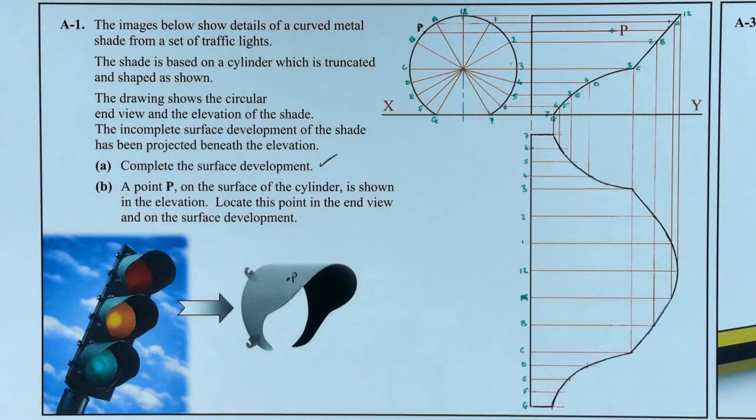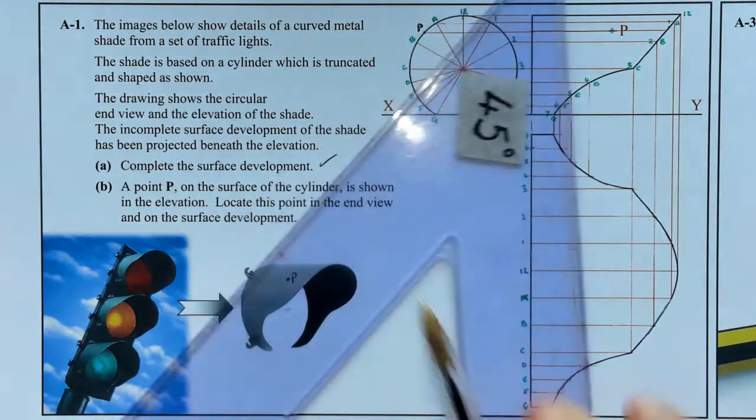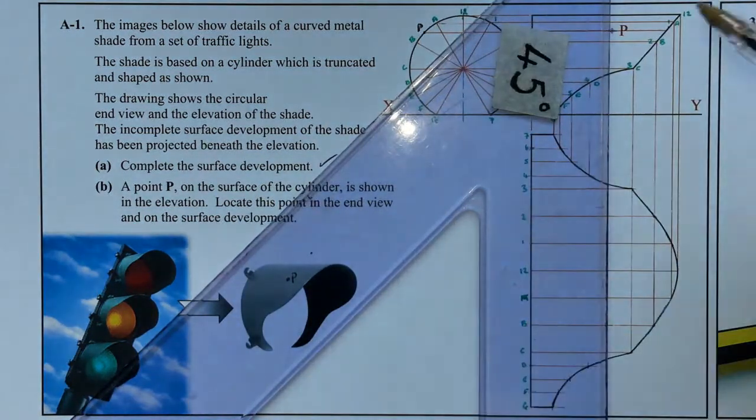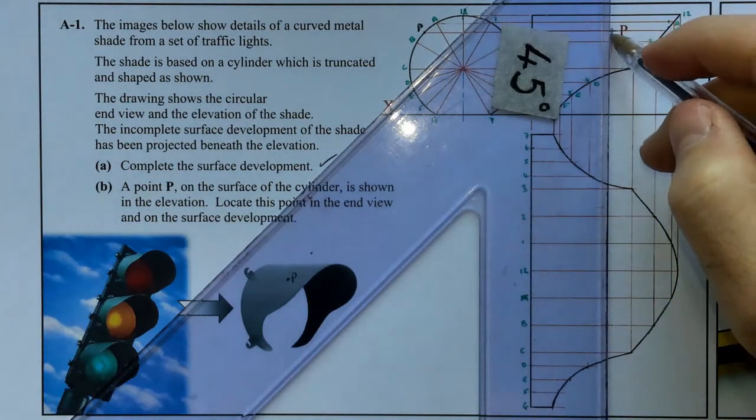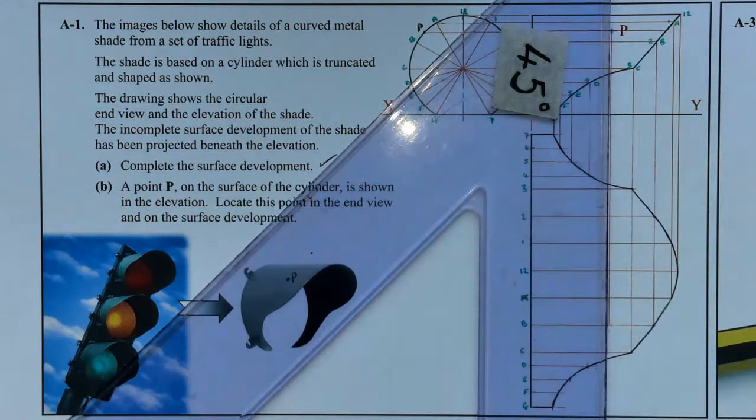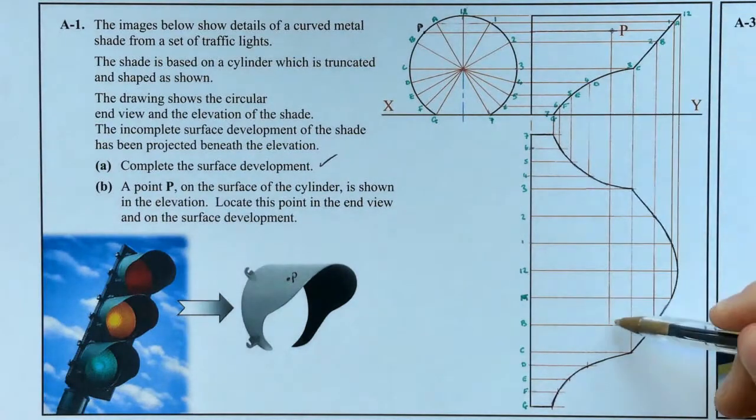So first of all, I'm going to extend that down, because where it is in elevation has to be directly below that in our plan view of the development, and as I said previously, it was in between A and B, so it's inside this section here.